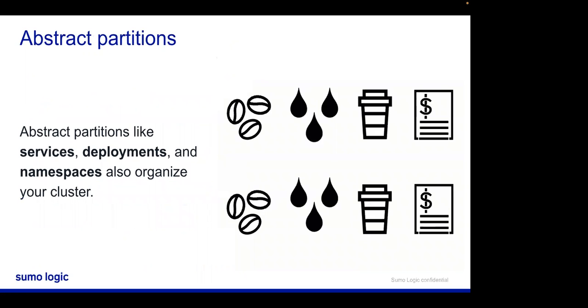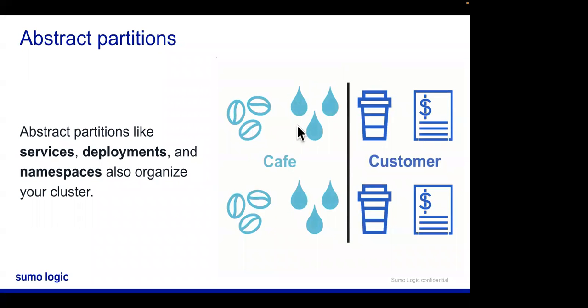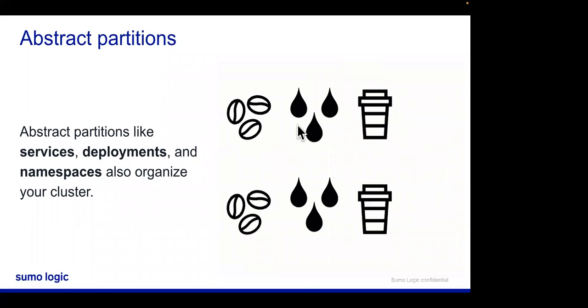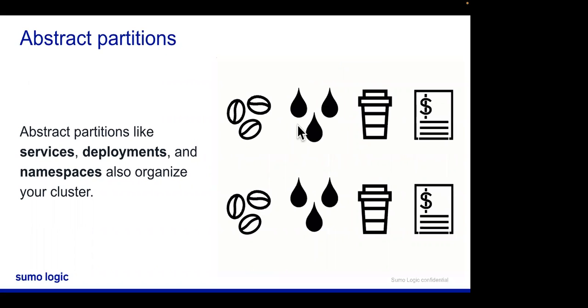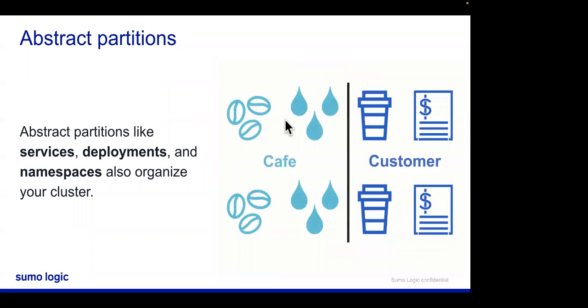The other thing is there are abstract partitions we can do. So for example, when we look at our Bean service and our various other services, we may want to break this down in a couple of different ways. We may want to break it down by its physical structure: is it in production? Is it in development? But maybe we also want to talk about the cafe side of this or the customer side of this.